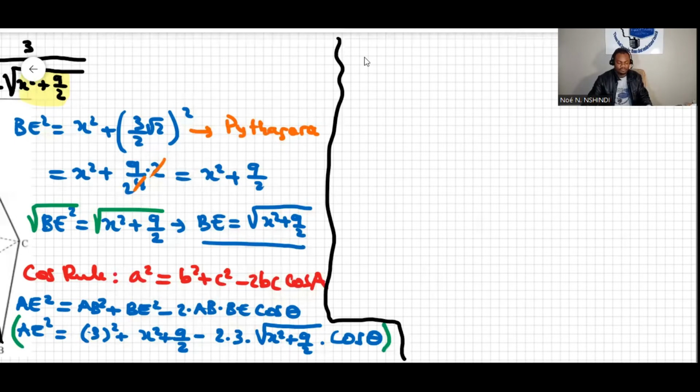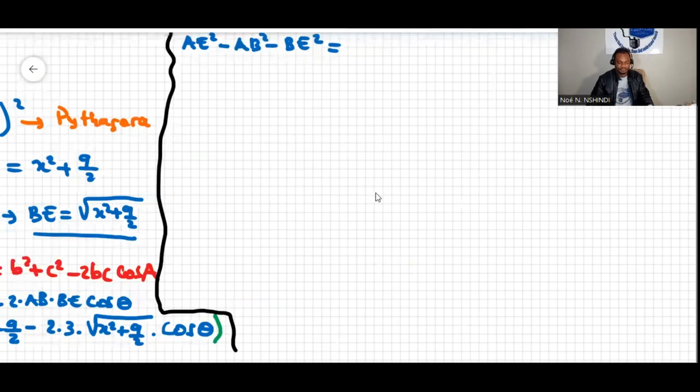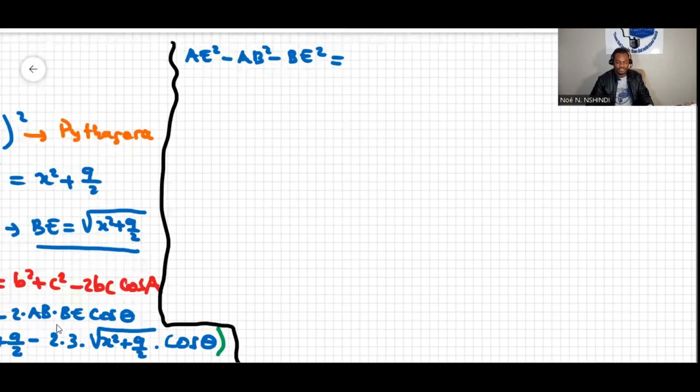I can move everything except cos theta, so it's AE squared minus AB squared minus BE squared equals negative 2AB times BE times cos theta.